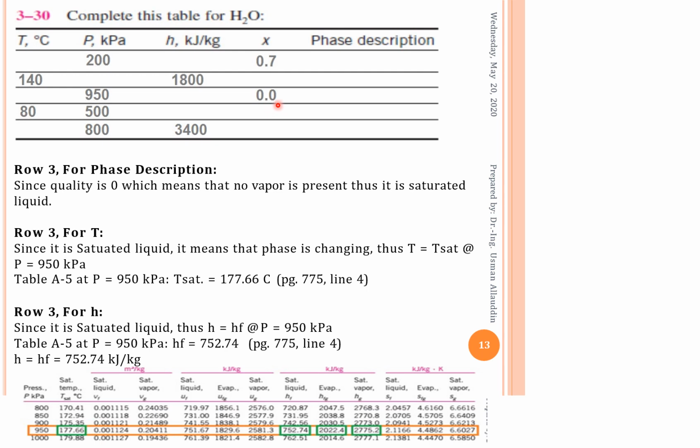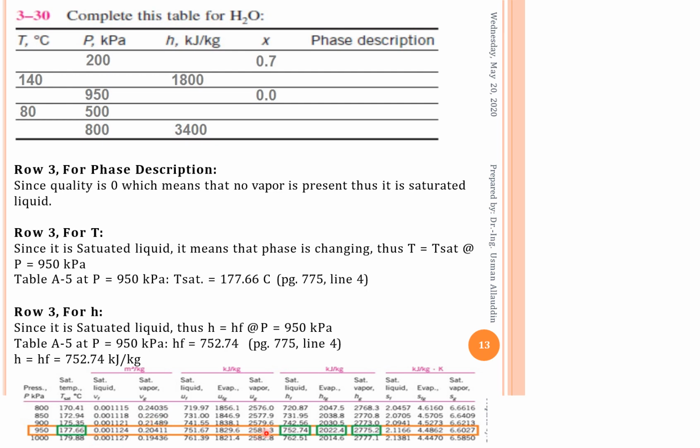So here 0 was written, we will straightforward write the saturated liquid here. We just need to find the H and temperature. So for temperature, we will look into table A5, because A5 is the pressure table, and at 950 kilopascal, the temperature is 177.66 degrees Celsius.